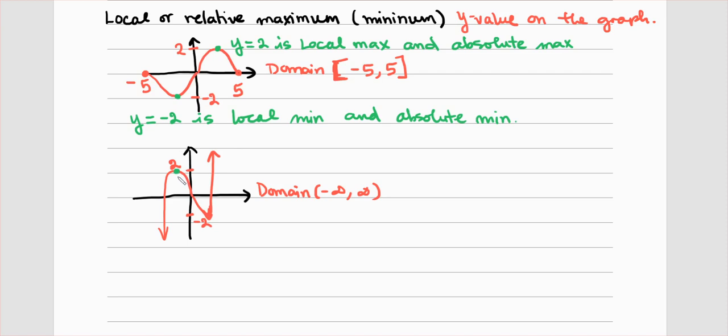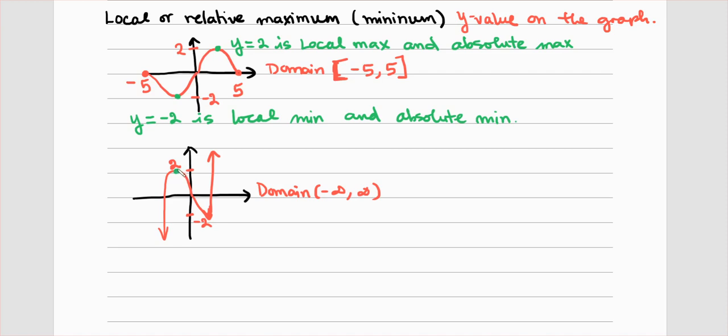Now when we talk about max and min, the maximum y and the minimum y, you don't look at the left end and the right end of the graph. Okay, so here at this turning point, y equal 2.